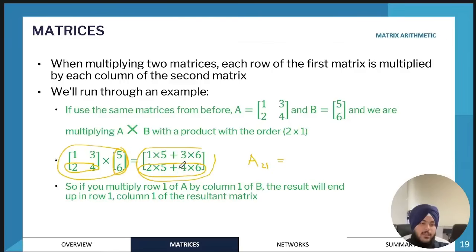In that case, you would need to show this working out over here. So 2 times 5 plus 4 times 6. And that is how they can verify that you've done this by hand. Or well, not by hand, but that you know your principles of matrix multiplication.